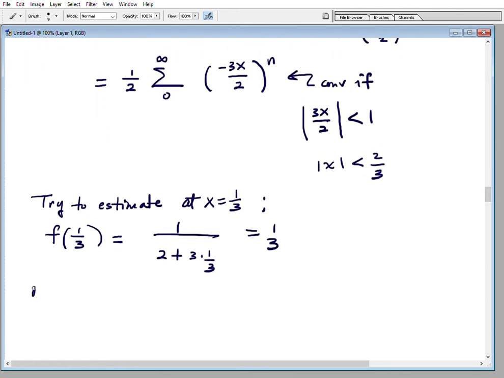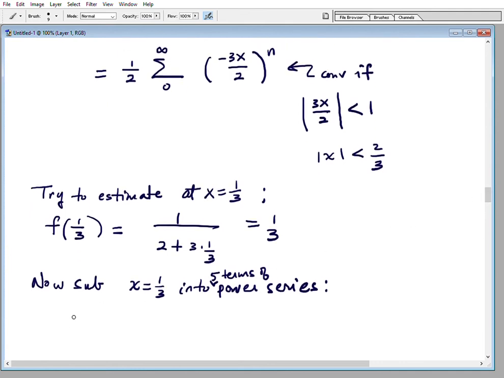So now sub x equal 1/3 into the power series. That's supposed to give us the same value, into, let's say, 5 terms. We can't figure out the whole thing, but we'll substitute into the first 5 terms.